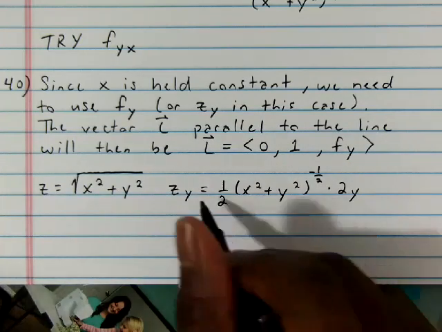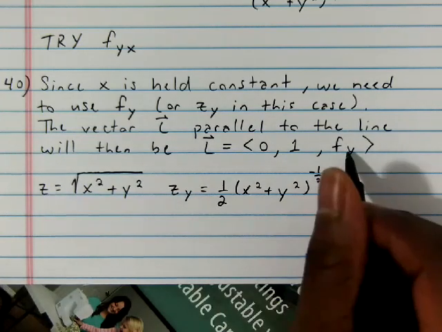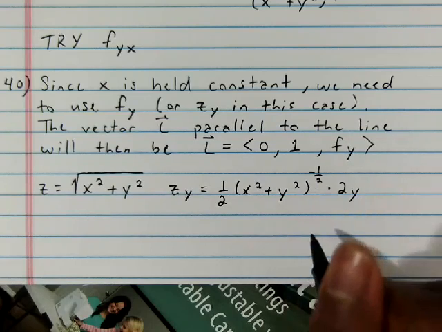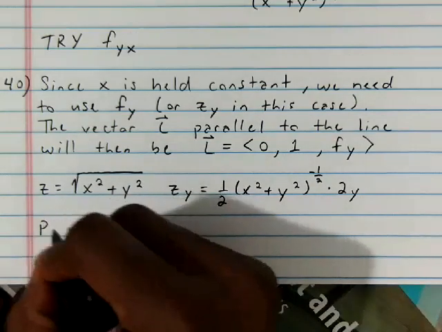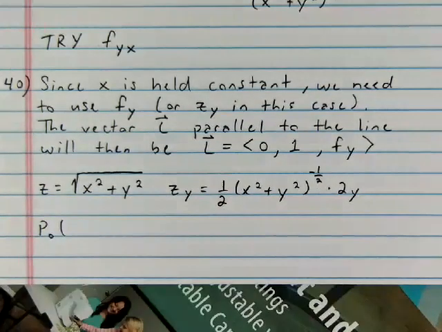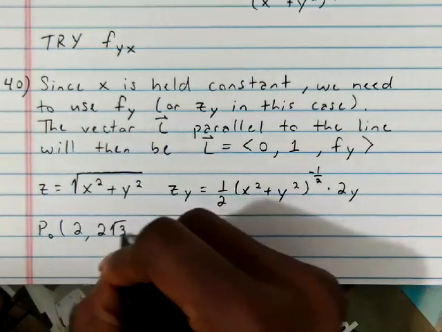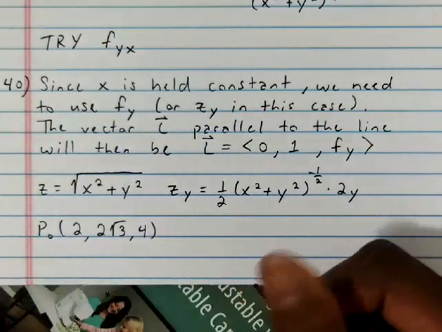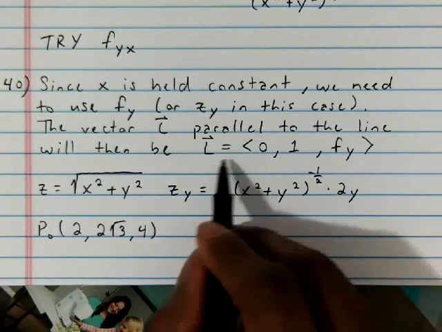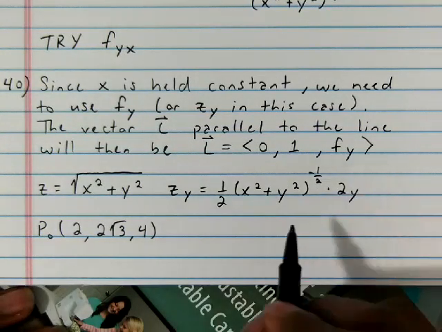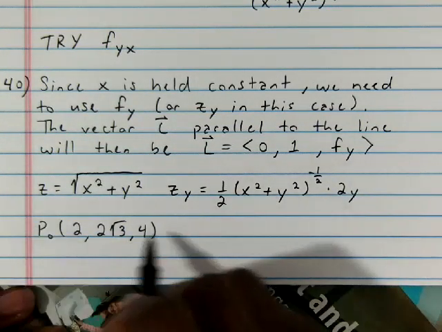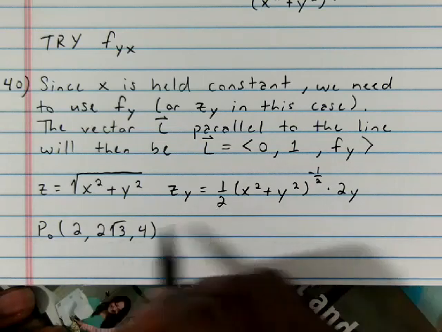All right, so now we have this to put in that vector, but they gave us a point that we need to consider. Our point P naught was (2 root 3, 2 root 3, 4). So now we have the vector L and we have the point, but we are going to have to put this point into here as well.